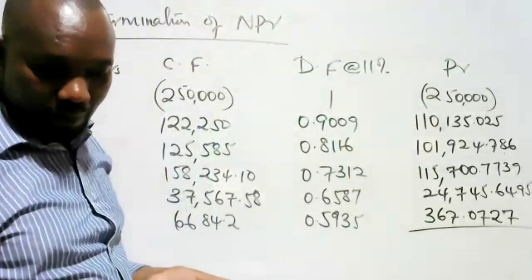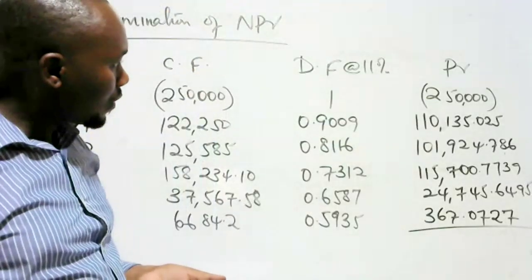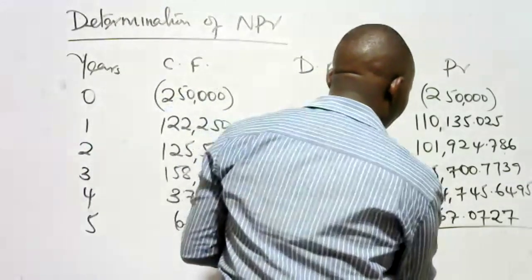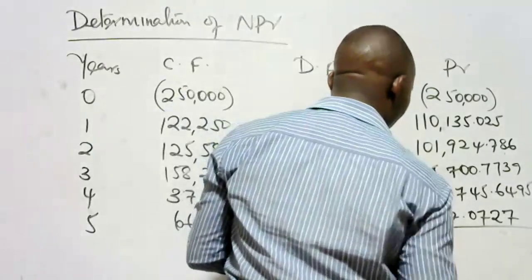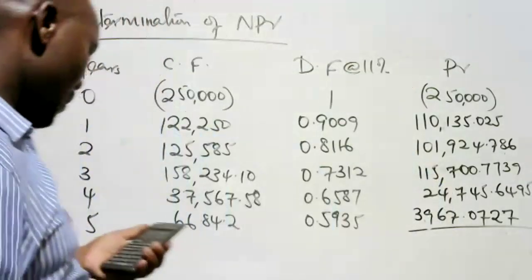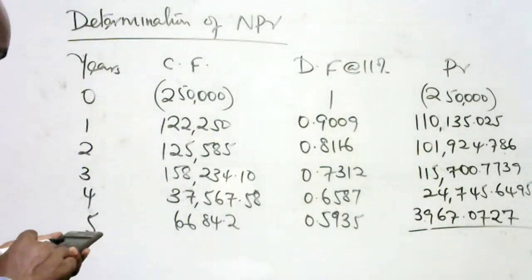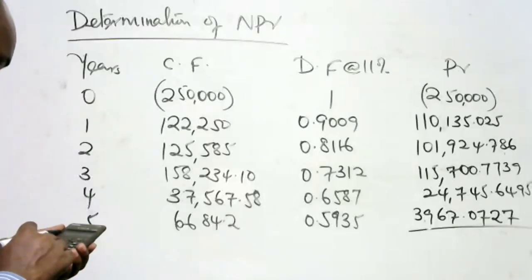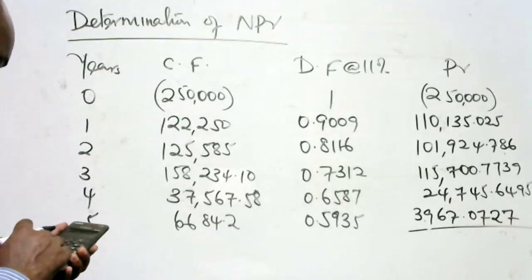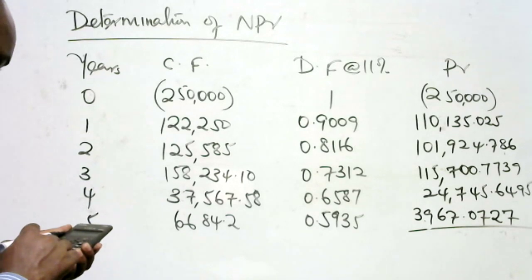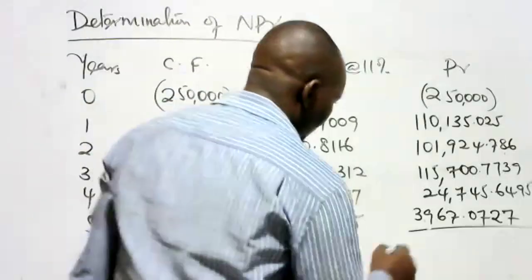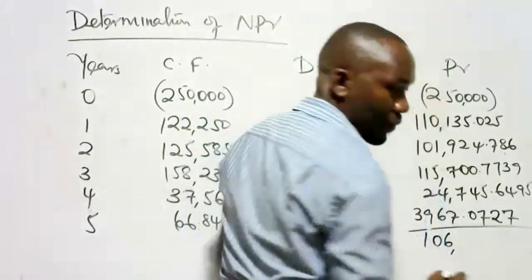The present value of year 5 is 3967, not 367. 3967. Yes. NPV 106,473.43. $106,473.43.